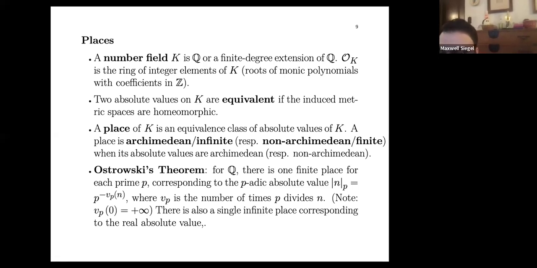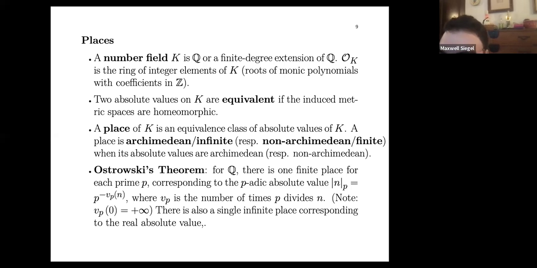Equivalence of absolute values defines an equivalence relation on the set of absolute values of K, and a place of K is then a specific equivalence class of absolute values. We say a place is Archimedean or non-Archimedean based on whether the absolute values in it are or aren't. And the trivial place is the place corresponding to the trivial absolute value.